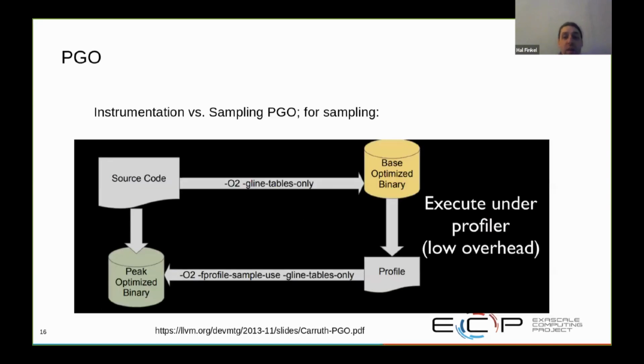We can, of course, have both instrumentation-driven PGO, as I mentioned, and sampling-based PGO. We can also insert the instrumentation either in the front end or in the back end. Both capabilities exist within LLVM. They have different trade-offs in terms of being able to reuse the instrumentation profiles in the face of source code changes.